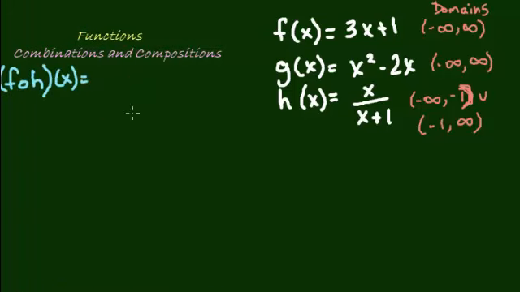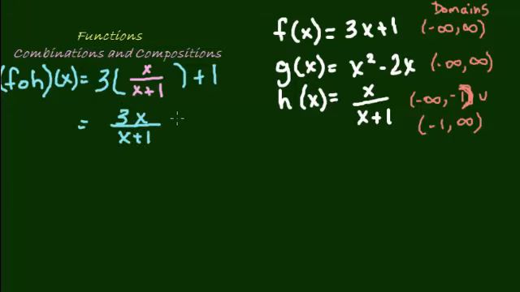Let's look at f of h. So my main function is f, 3 times x plus 1. In place of x, I'll put h. So I've got x over x plus 1. And then it's just a matter of simplifying. So I'll have 3x over x plus 1.